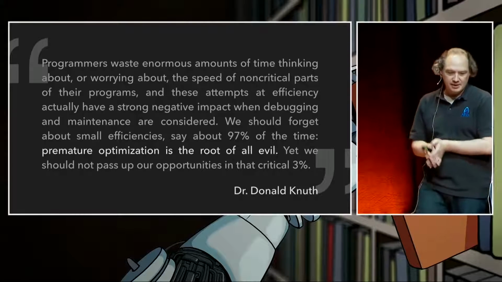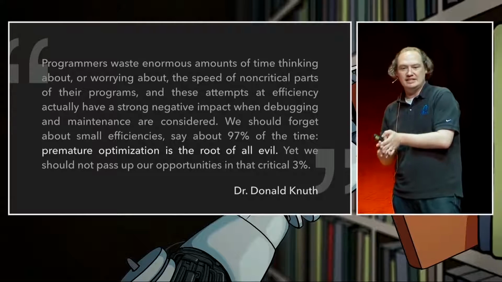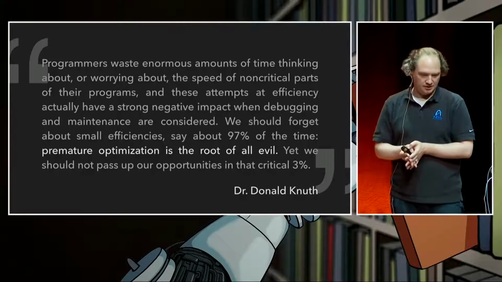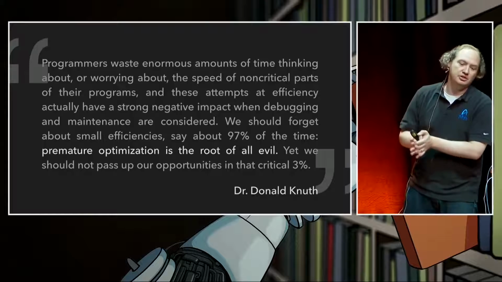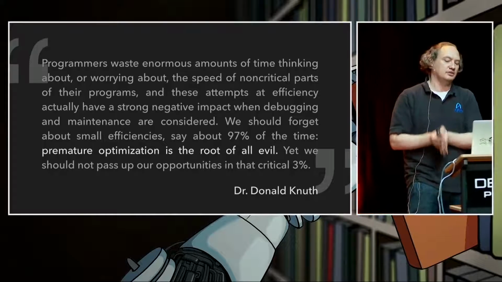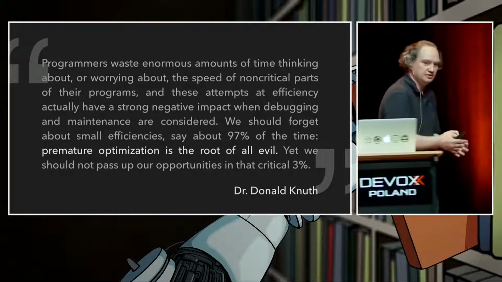We should forget about small efficiencies, say about 97% of the time. Premature optimization is the root of all evil, yet we should not pass up opportunities in that critical 3%."